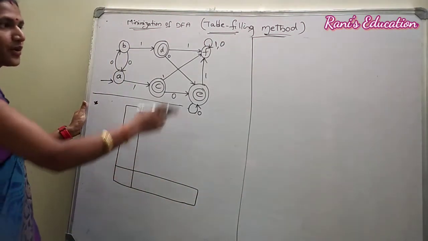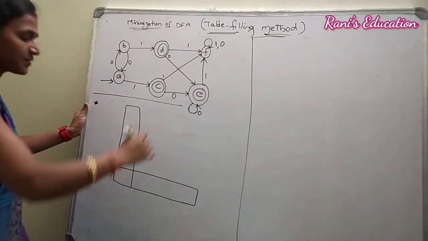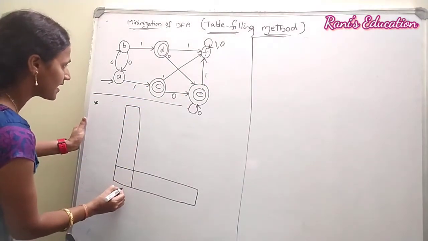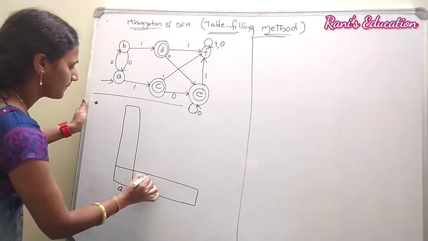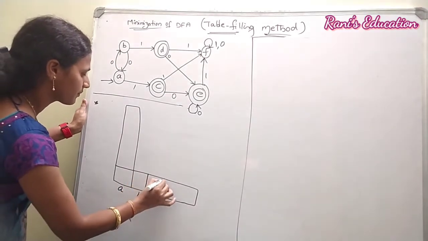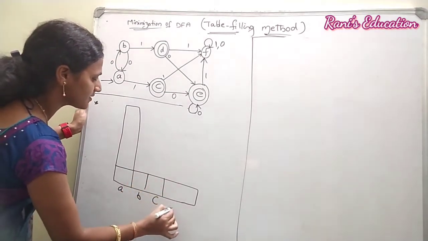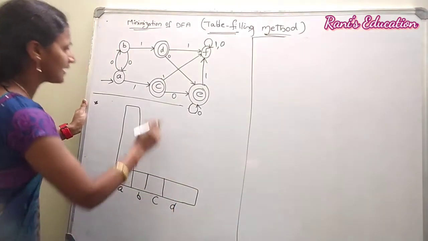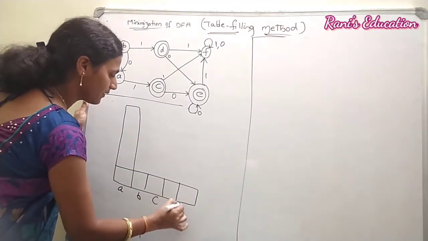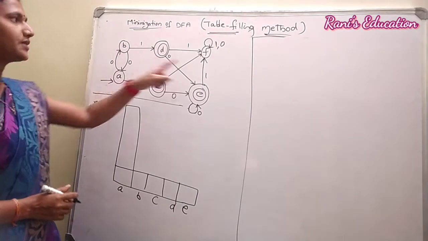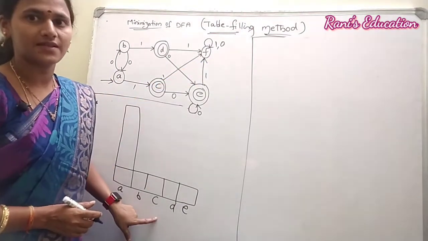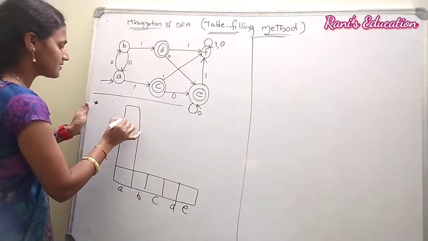The x-axis is labeled with the initial state to the last but one state, that is, the first state is A, B, C and this is D. We should not take the last state, E and F. Don't take the last state in the x-axis. Move on to the y-axis.